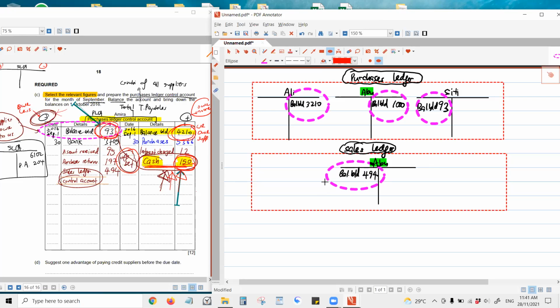Abu owes to us because Abu buy goods on credit from us. So far, can you understand this situation before I continue? If you have understood, let me know, then I continue to explain.